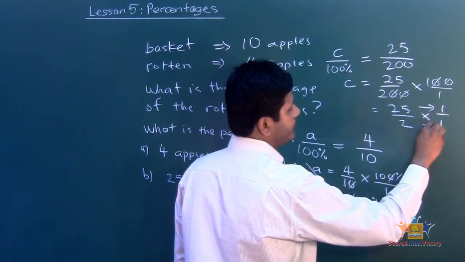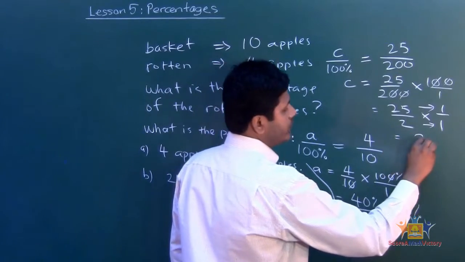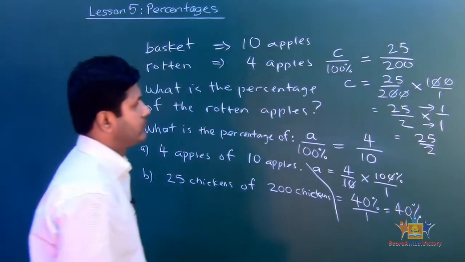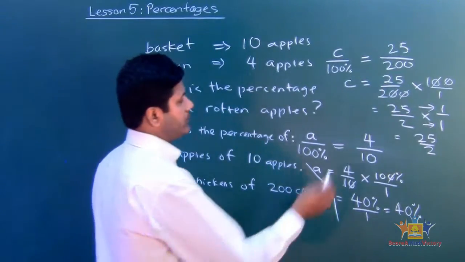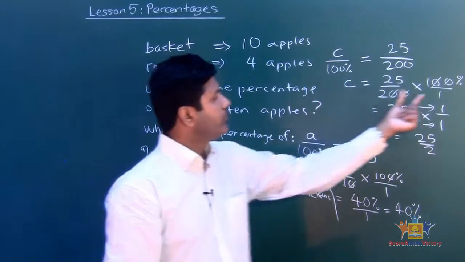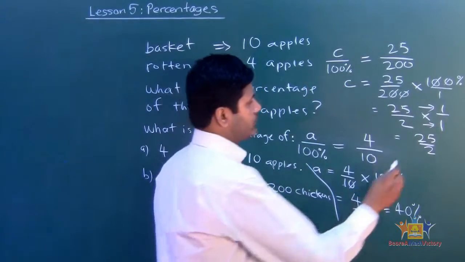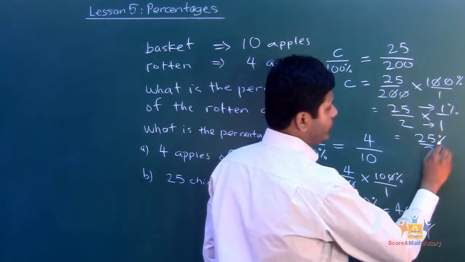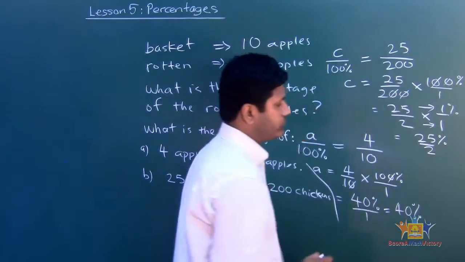Double arrow method, so that gives me 25 over 2. Let's not forget the percentage, because when I brought this over, the percentage should be there. So 25 times 1% gives me 25% over 2.